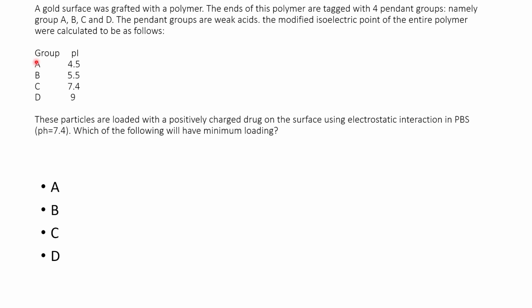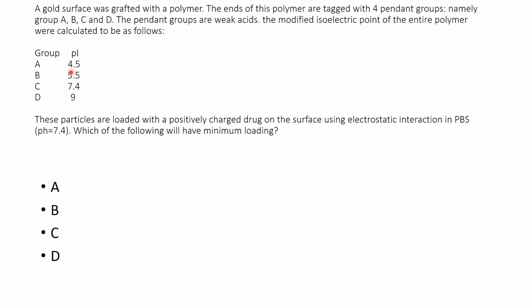And if it's negatively charged, the electrostatic interaction with the positively charged drug is going to be very high. So the loading will be good. It will attract more of the drug because the drug is positively charged. A is negatively charged because the pH is greater than pI, so the drug will get attracted and there will be a lot of binding and loading.